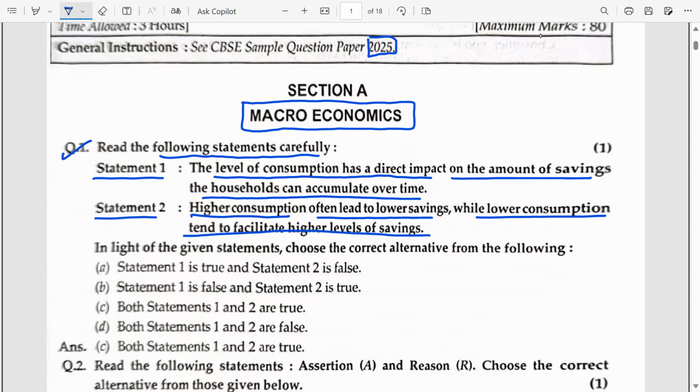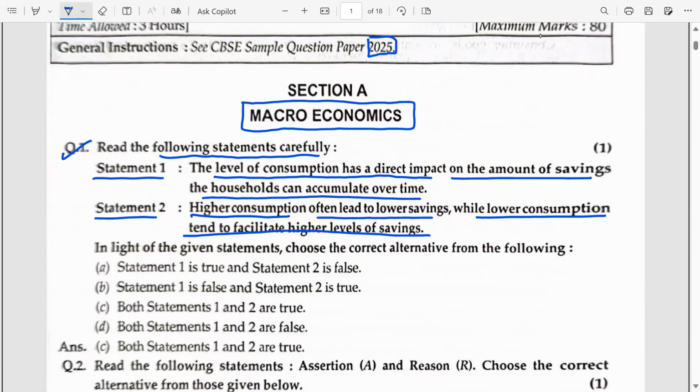First of all, students, when you look at the question, you should figure out which topic in macroeconomics this corresponds to. The answer is very simple. It corresponds to the unit aggregate demand and aggregate supply, which we have covered in depth in our CBSE class 12 economics. Particularly, these two statements correspond to my lectures on propensity to consume and propensity to save, where we had derived the consumption function as well as the savings function.